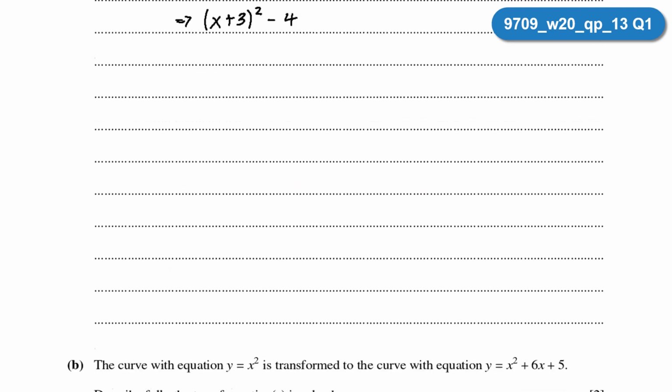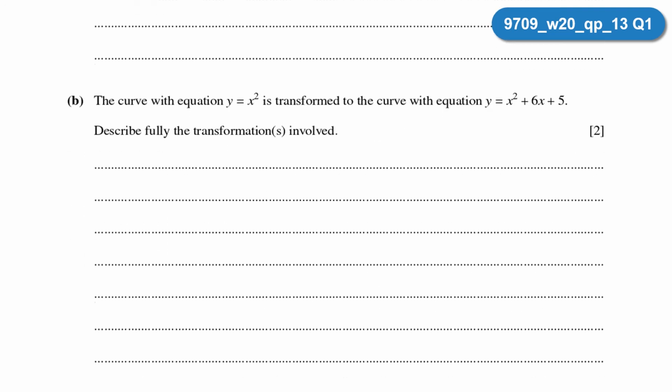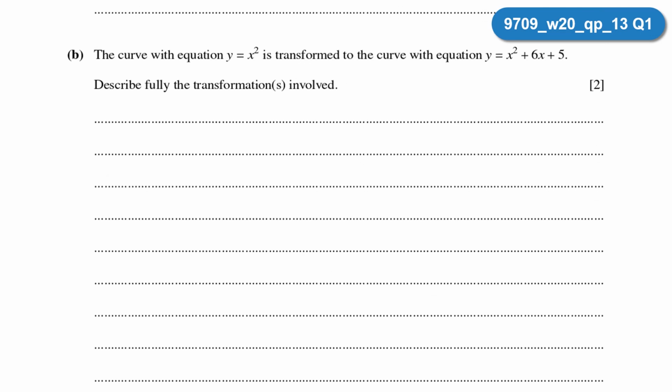Let's go to part B. On part B, they say the curve with the equation y is equal to x squared is transformed to the curve with the equation y is equal to x squared plus 6x plus 5. Describe fully the transformations involved.